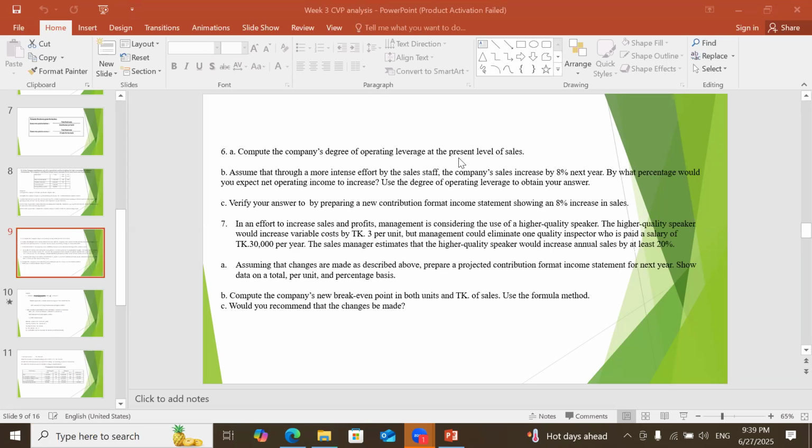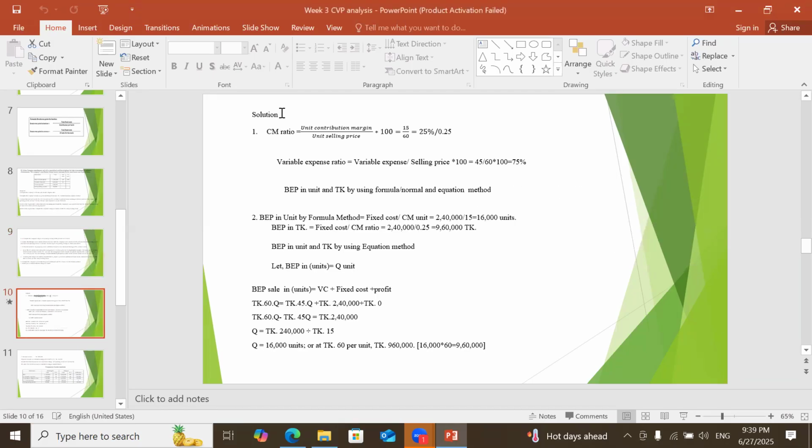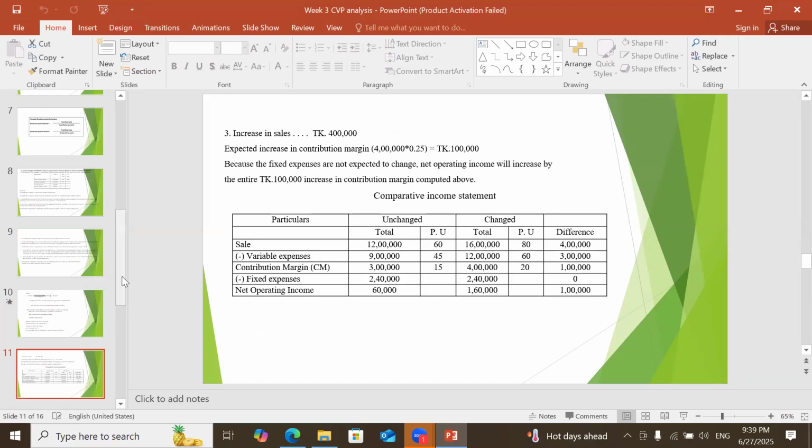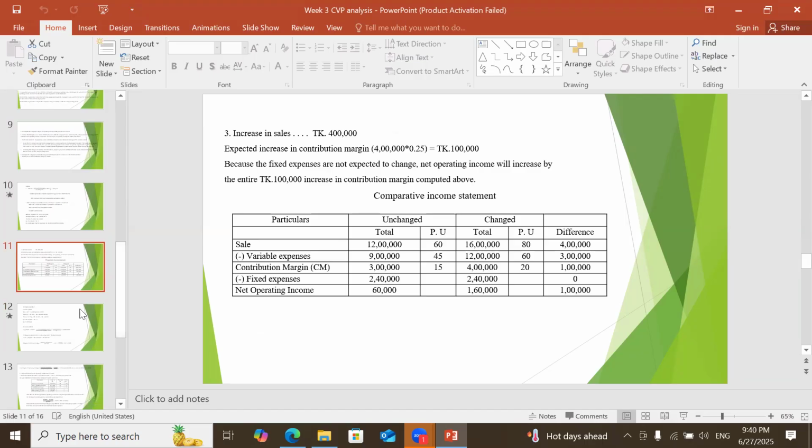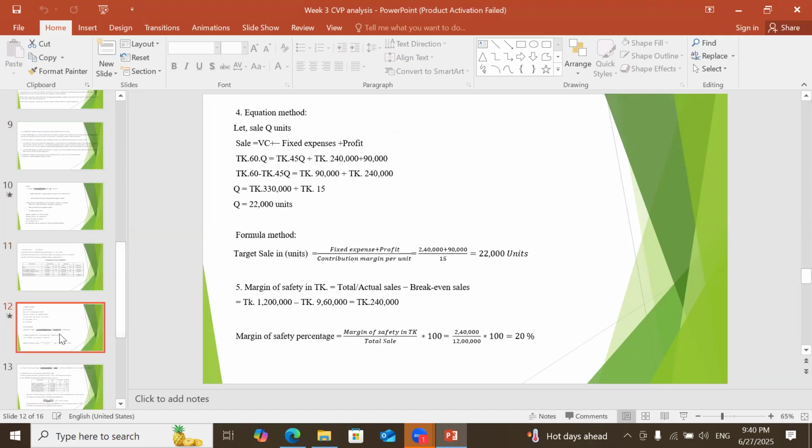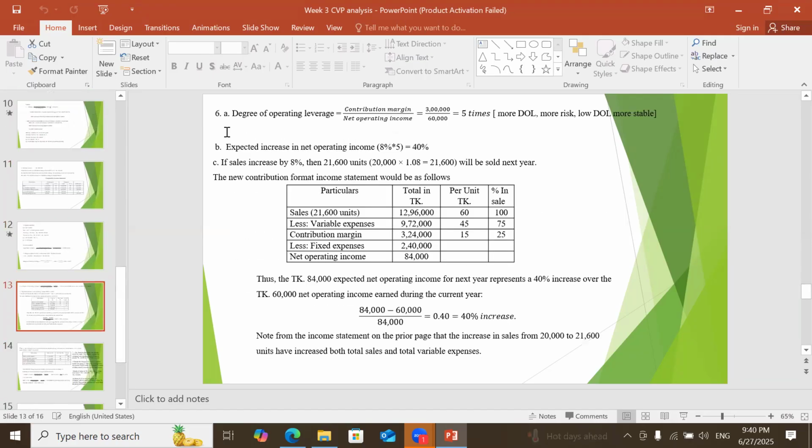Now I am going to our formula, how we can calculate the degree of operating leverage. This is the 6.A, degree of operating leverage. There is a simple formula: contribution margin divided by net operating income.